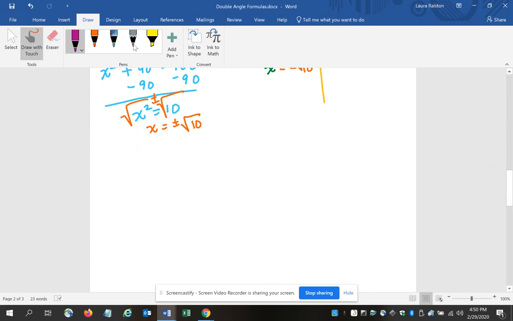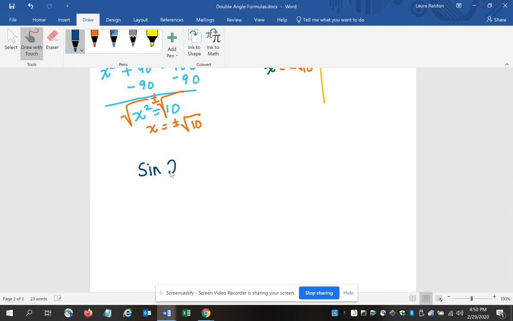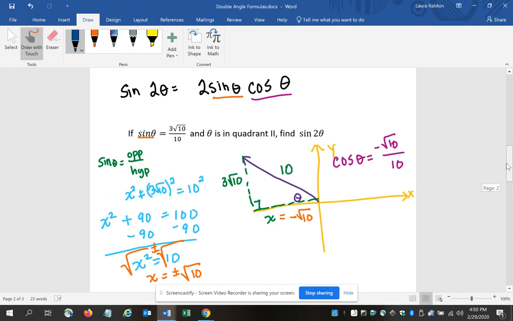I'm going to plug into my double angle formula. The formula again is the sine of 2 theta is 2 times the sine of theta times the cosine of theta.